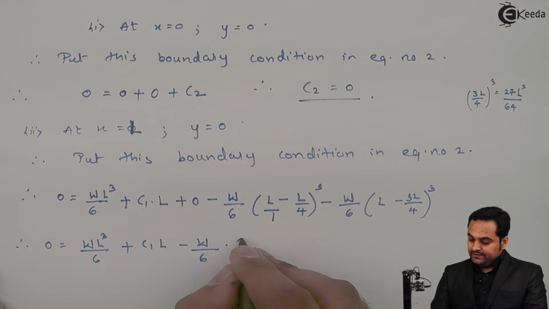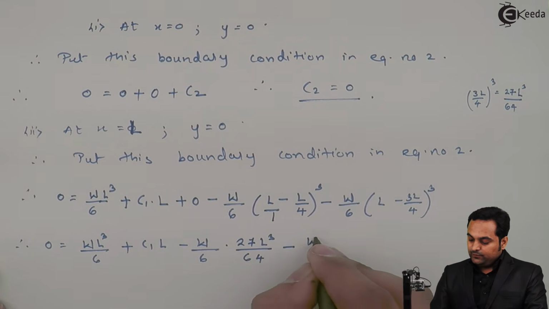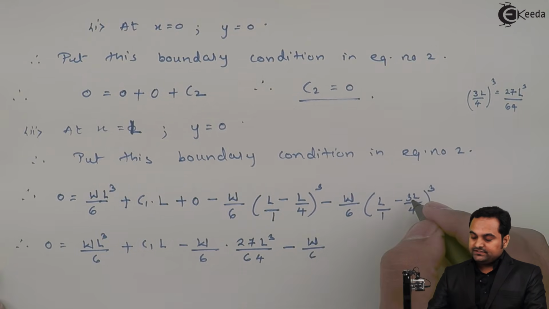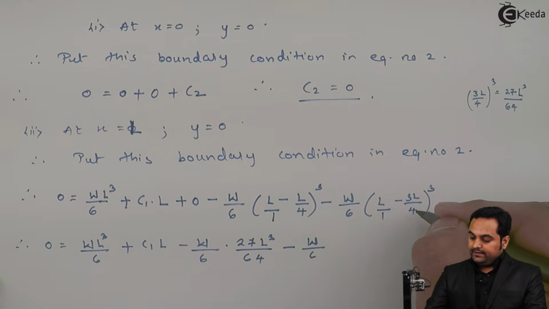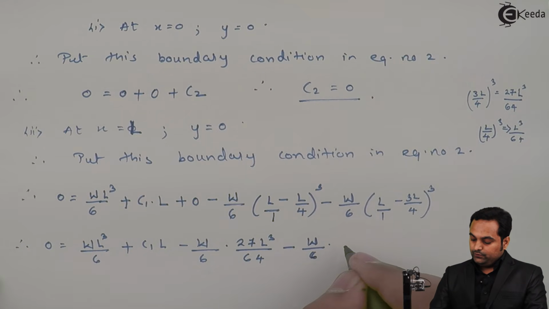So I'll write directly 27 L cube upon 64 minus W by 6. Here this will be 4L minus 3L, which is L upon 4, and cube, so this is L cube by 64, so into L cube by 64.